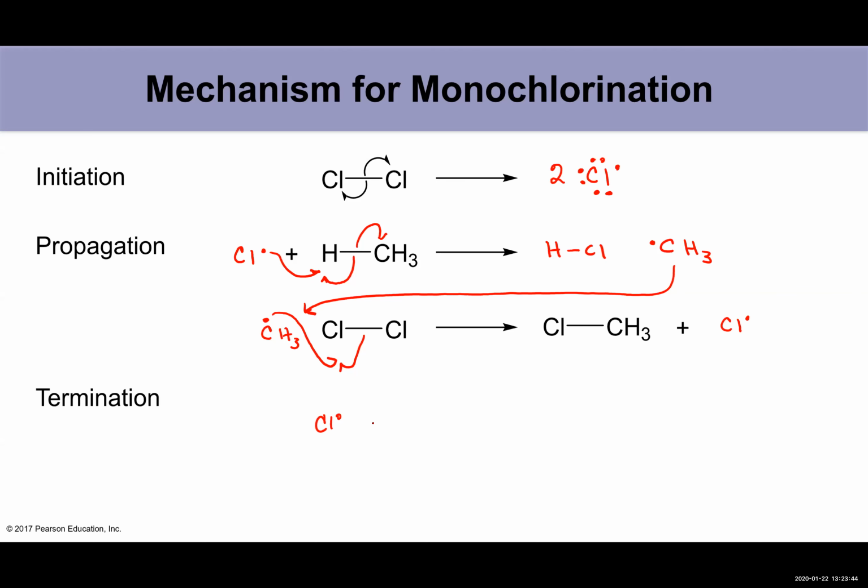It's possible that you just get Cl2, these going back to Cl2. It's possible that you get 2 CH3s together, all right? And you can also form more of the product at the termination step, but any 2 radicals that are shown in this reaction are available during the end of the reaction.